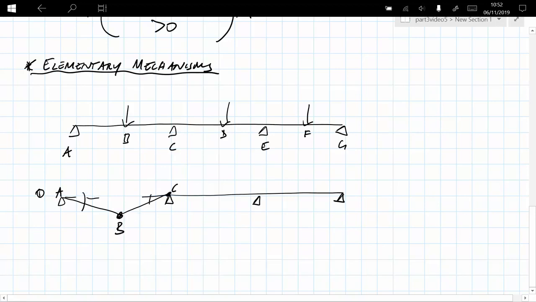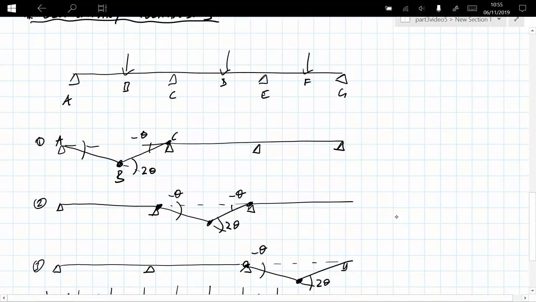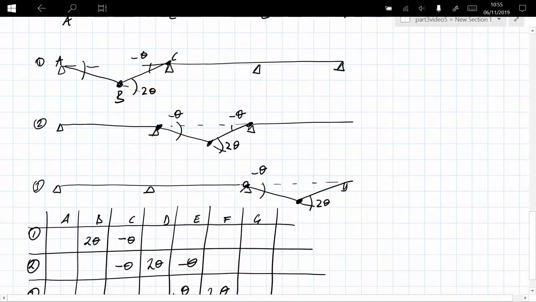Corresponding deformation angles, 2 theta and minus theta. For the second mechanism, we have a similar result, and also for the third mechanism.